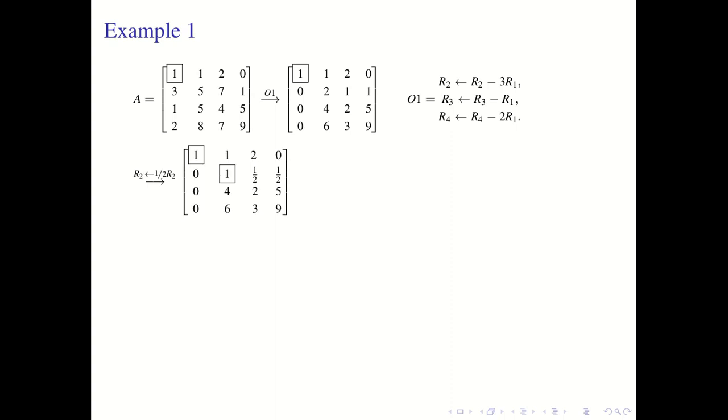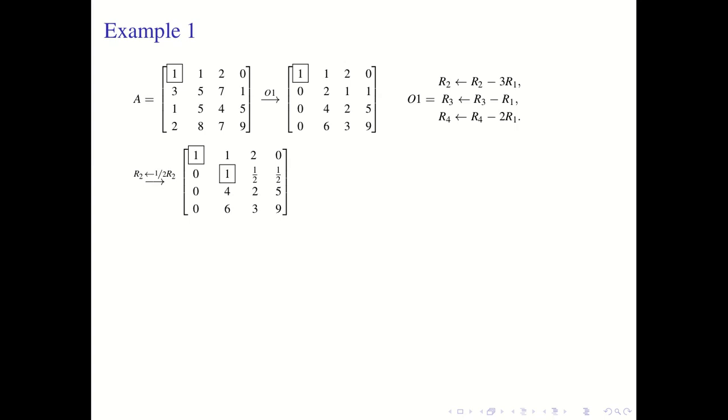That's a pivot and it is not equal to 1, therefore we divide the row by 2 and we get the submatrix 1, half, half, 4, 2, 5 and 6, 3, 9. Our next job is to make all other entries in that column 0, except the 1.